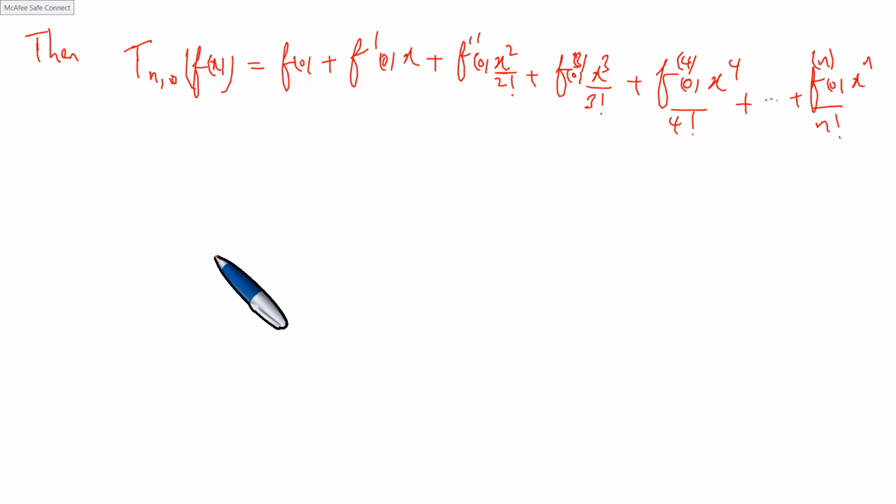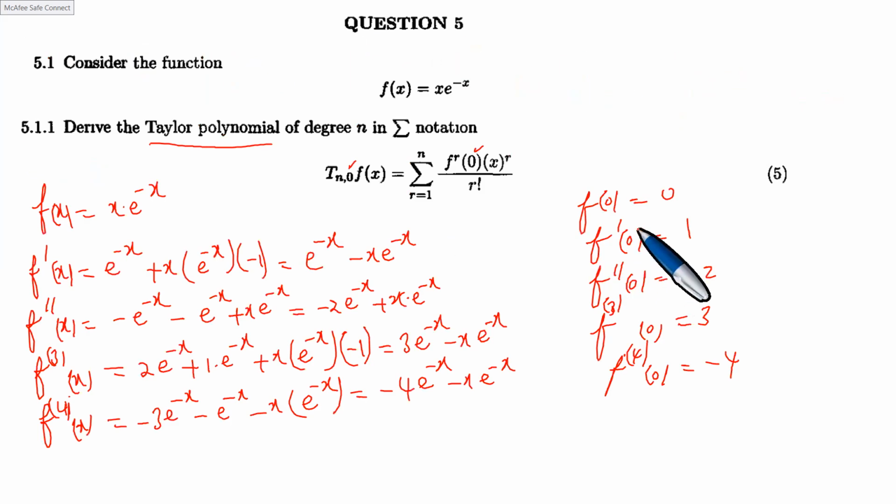Okay, so what do we get out of this? We substitute, so that T_{n,0} of f(x). What is f(0)? Right, f(0) is 0.